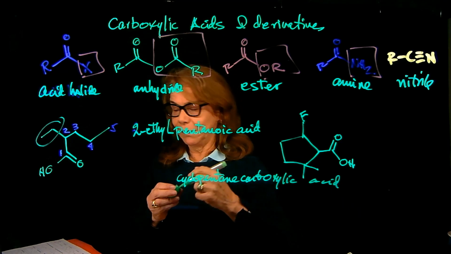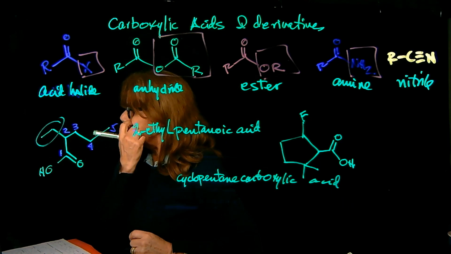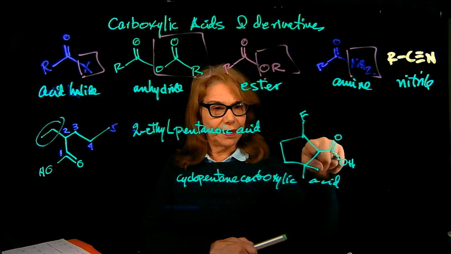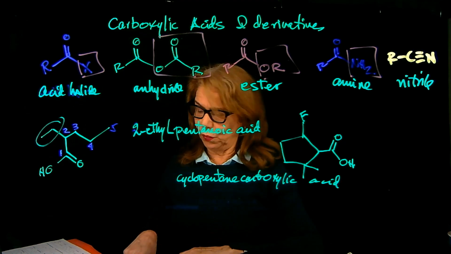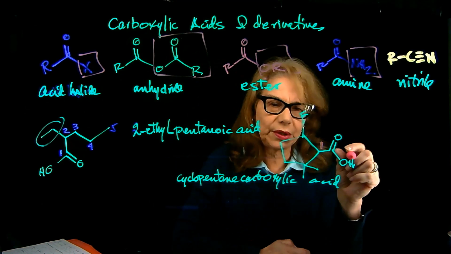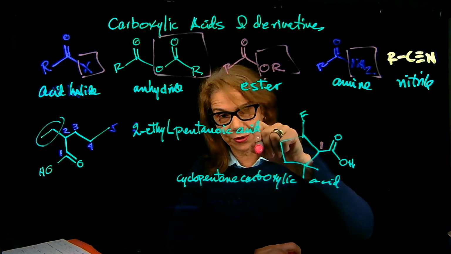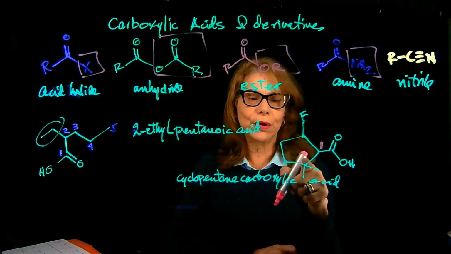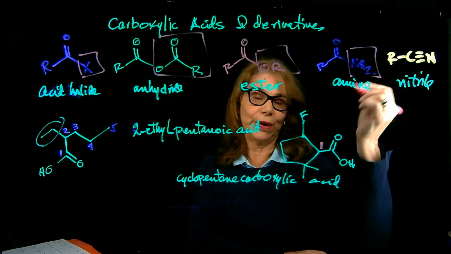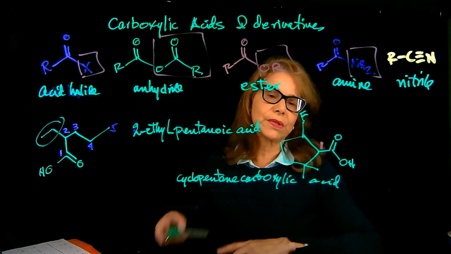And now numbering that chain, what I need to pay attention to is the numbering. I always need to assign carbon 1 where the functional group is. So this is my carbon number 1. But what do I do? Counterclockwise or clockwise? So if I do, let's say that I go over to the fluorine, what set of numbers will I be using?